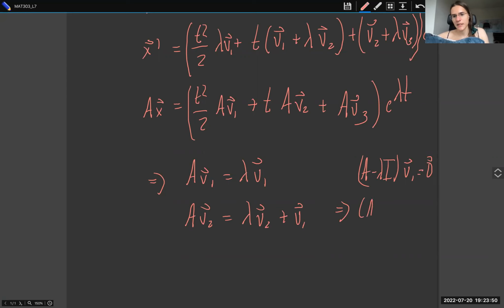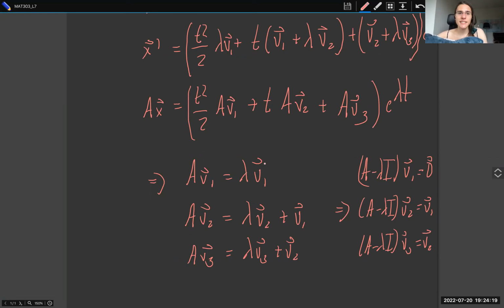A minus lambda I v2 is equal to v1. And here we get that A v3 is equal to lambda v3 plus v2. So that tells us that A minus lambda I v3 is equal to v2.